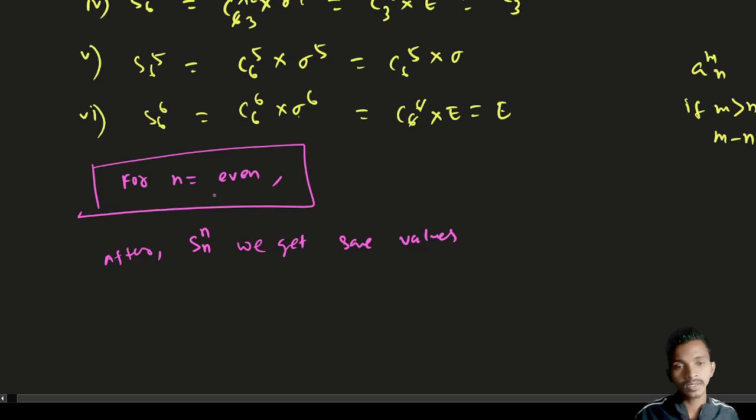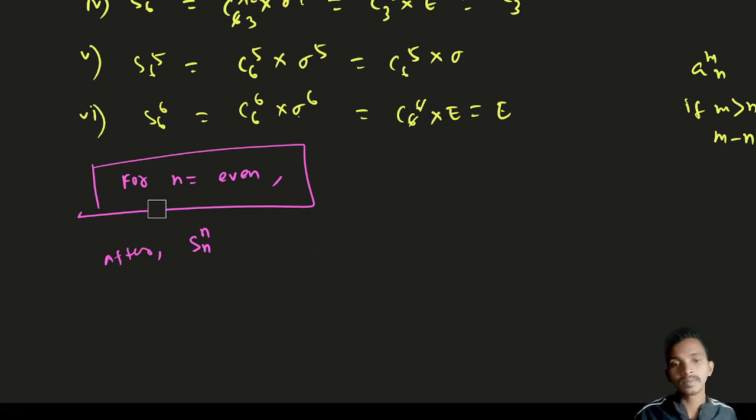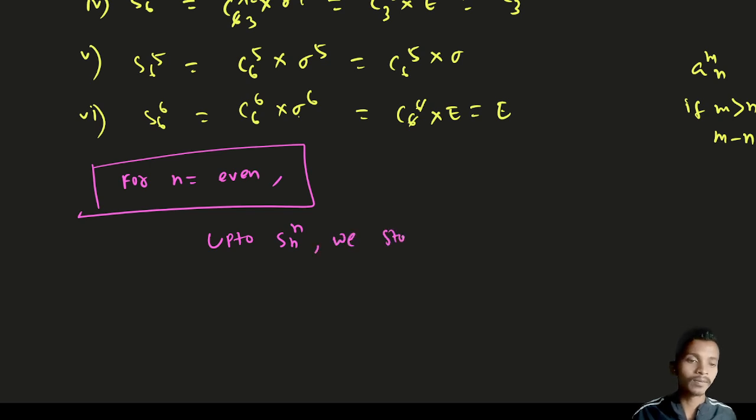After this we are getting the same values, right? So we will not proceed, which means we will stop after getting S66. So for n equal to even, we go up to SNN and we stop. This is the one result we get.